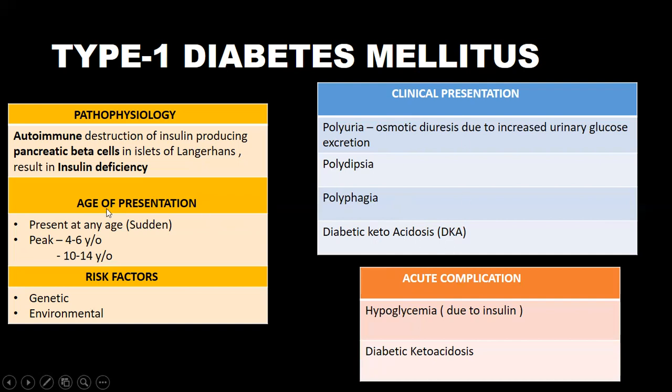Again, I'm saying in type 1 diabetes mellitus, diabetic ketoacidosis is the main clinical presentation, and it is a main point. In the second part of diabetes, I'm going to explain diabetic ketoacidosis in detail. Then the acute, severe complications can be hypoglycemia due to insulin and diabetic ketoacidosis.